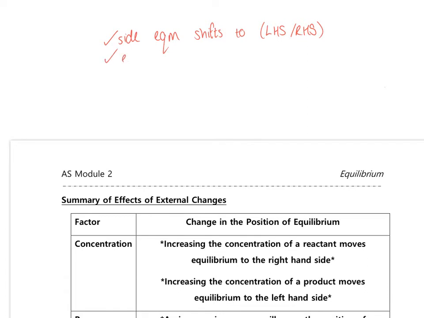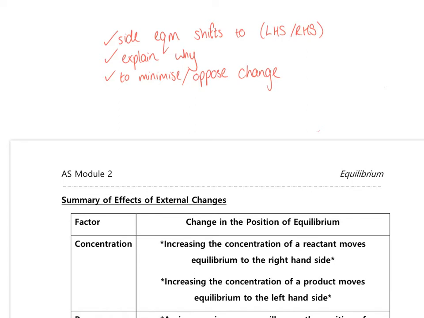You should explain why that happens, be that because the forward reaction is exothermic, or there's fewer moles of gas on one side if you're talking about pressure changes. And always then just finish off your explanation by stating that that happens to minimise or oppose the change that the system has been subjected to.